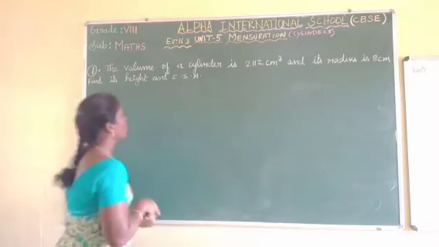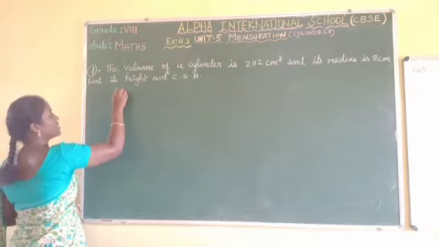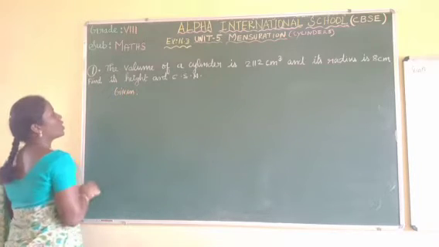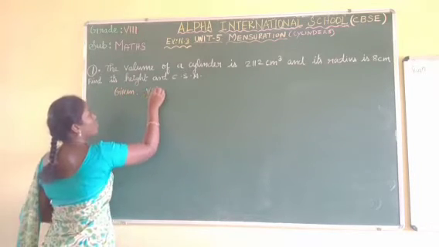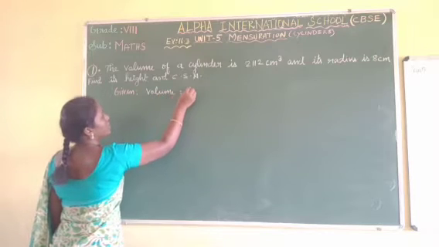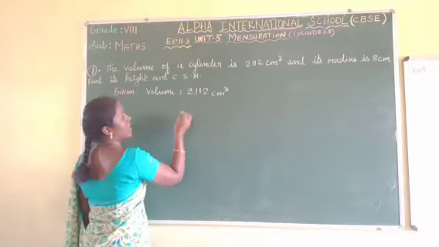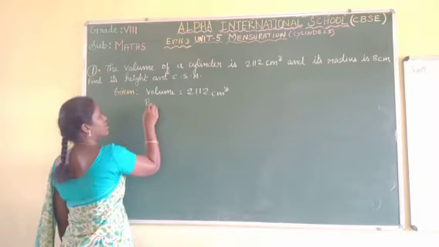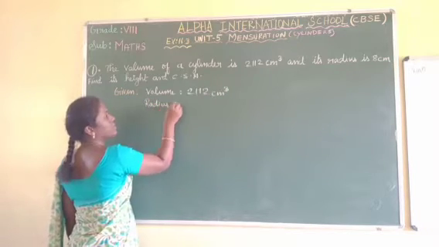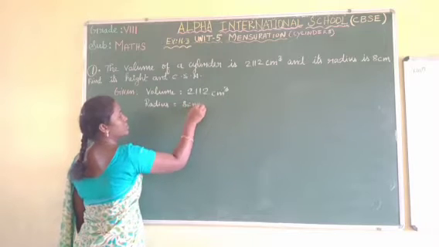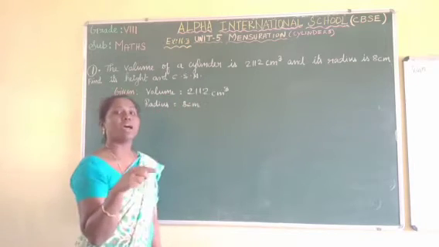So what is given in this problem? Volume of the cylinder, and the radius is given as 8 centimeter. From the volume only we have to derive the height of the cylinder.